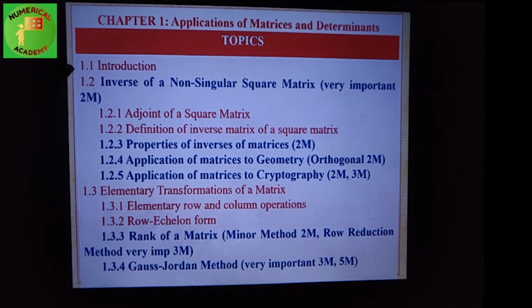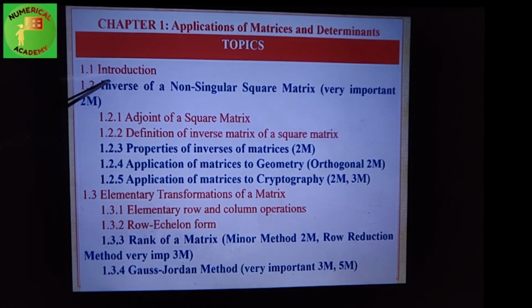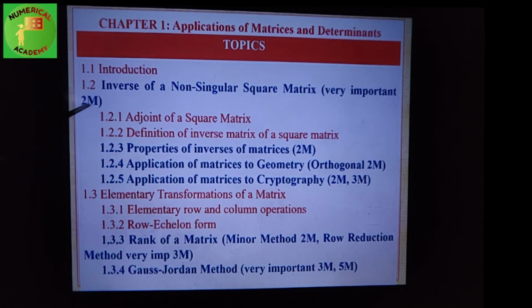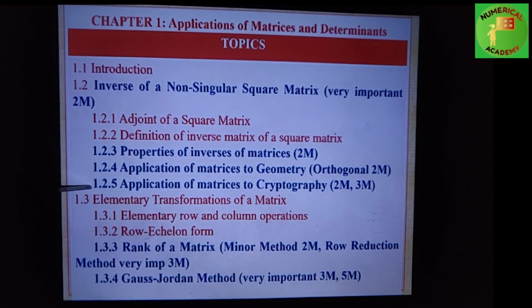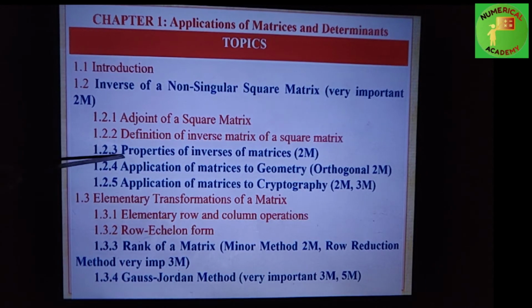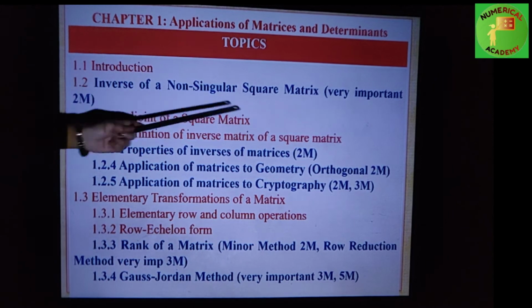In chapter 1, 1.1 covers the introduction. 1.2 is the inverse of a non-singular square matrix. It is a very important 2-mark question. Under that you have 5 subtopics, wherein you have to concentrate more on 1.2.3, properties of inverses of matrices, for a 2-mark question.